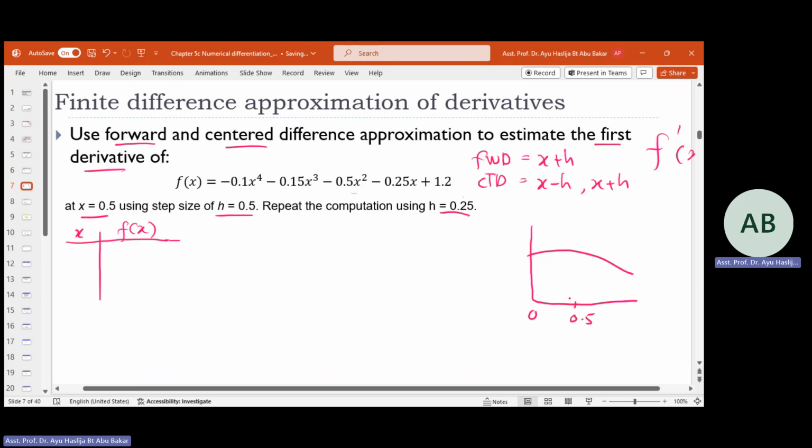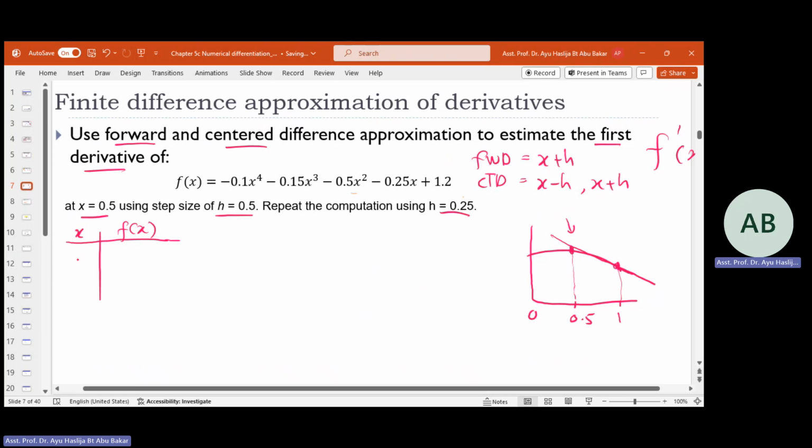Now it asks you to find the derivative at this point. Using forward, we need one point ahead, so x plus h is 1. One step ahead will be 1.